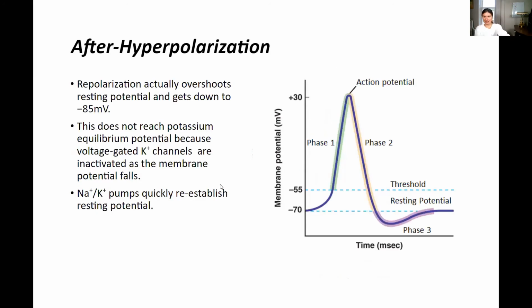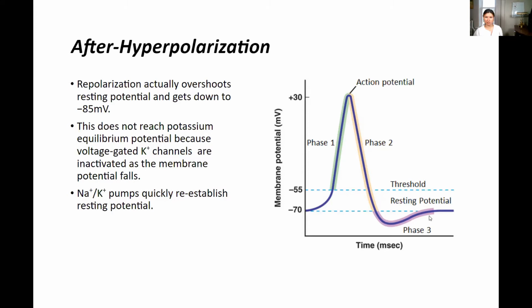If you highlighted or drew in different colors on your graph at the beginning of class, hopefully it would look something like this. We had basically three phases. Phase one, where we have our rapid depolarization. Phase two, where we have our repolarization.